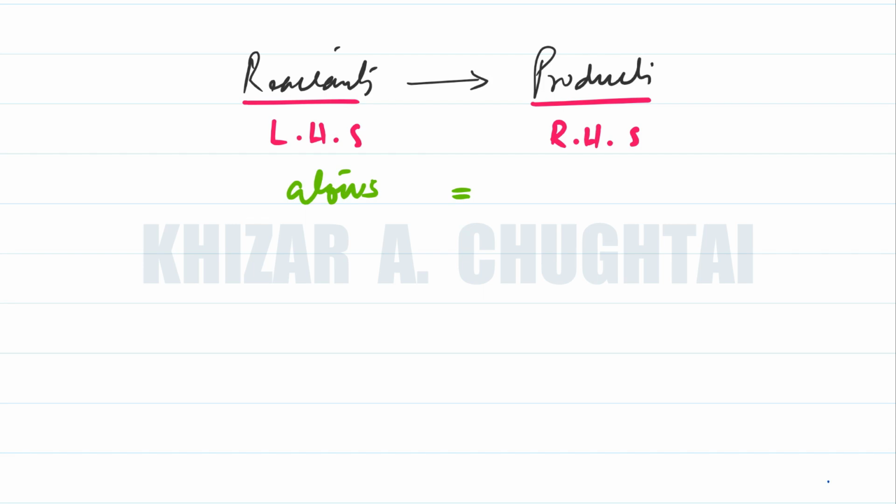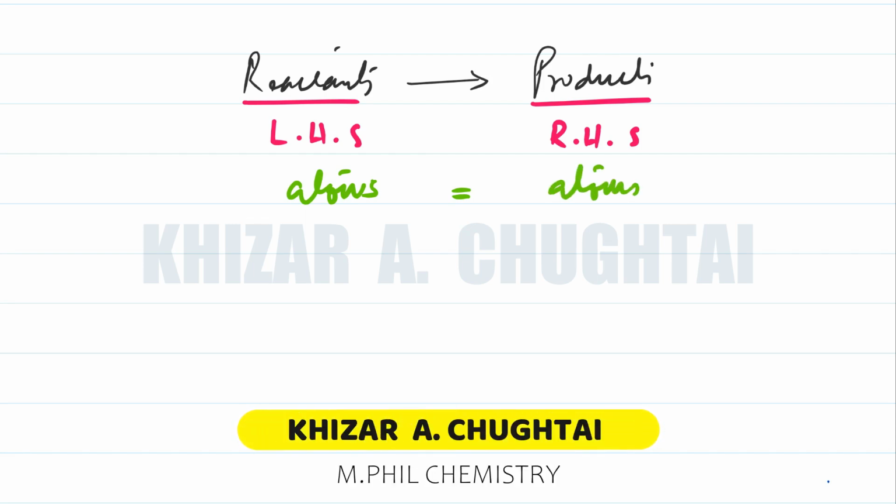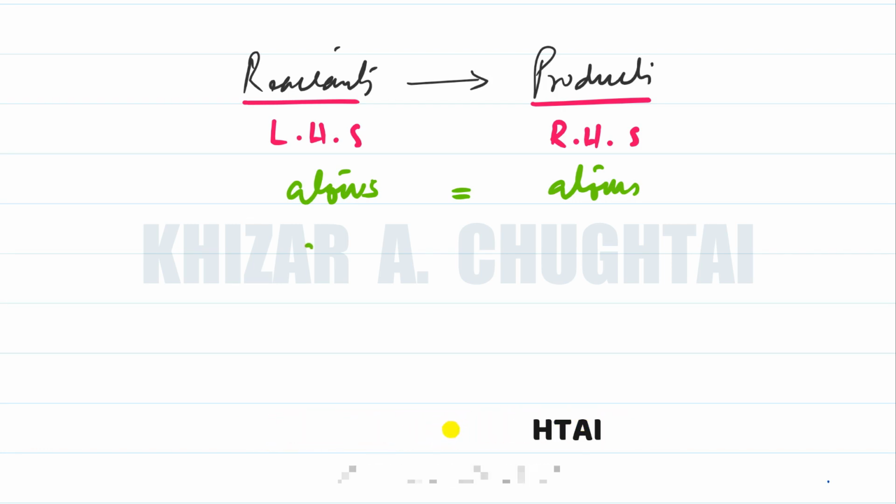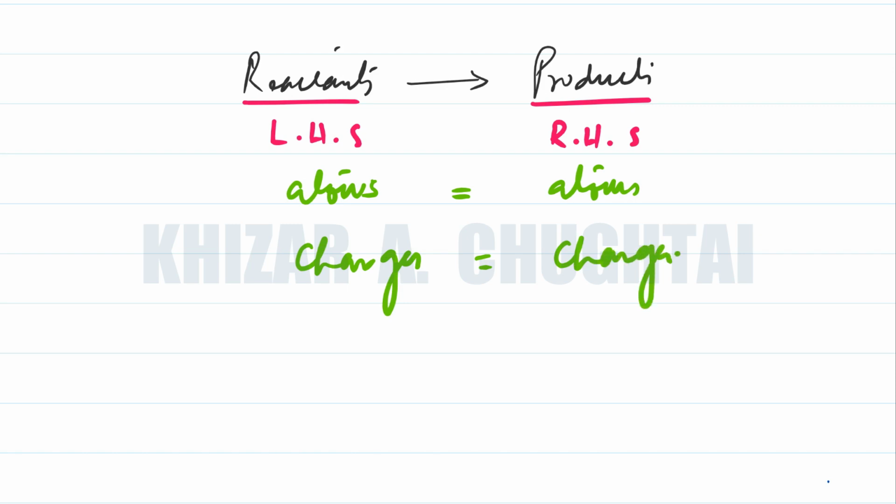Atoms on the left hand side must be equal to the atoms on the right hand side. The same is the case with charges. If there are charges, they must be equal on both sides, right hand side as well as left hand side.